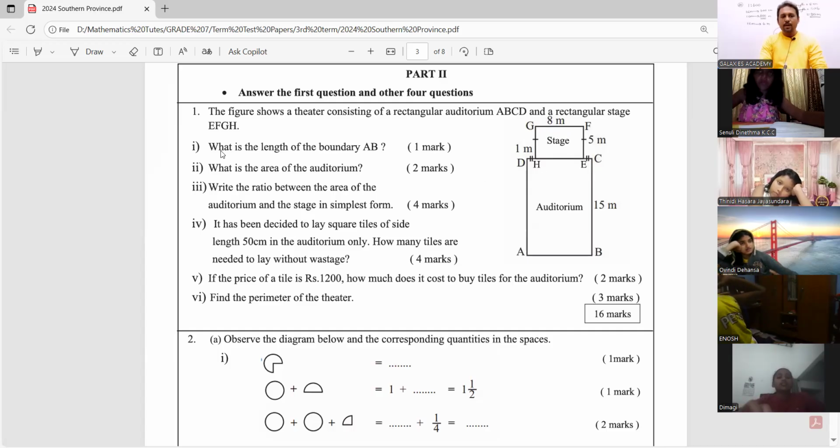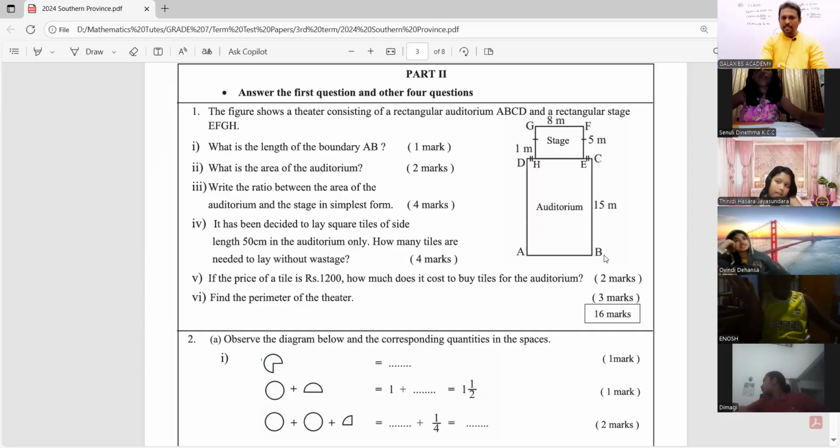The first part: what is the length of the boundary AB? Right, you have to find the boundary length of AB. Can you tell me how you can do this one? How can you find the AB length?